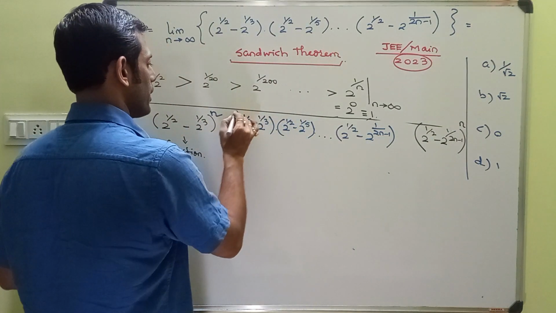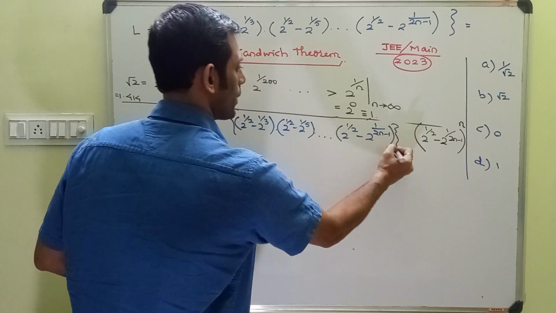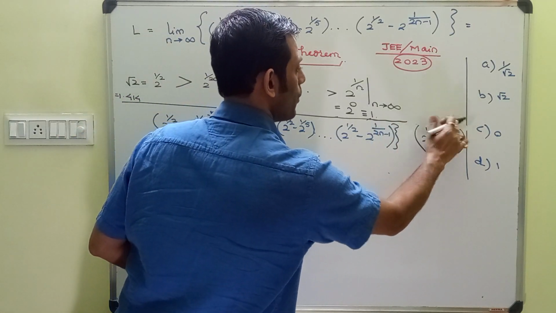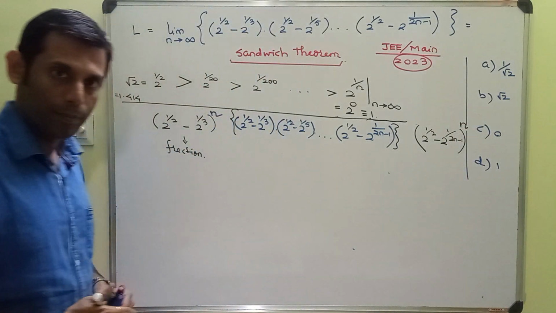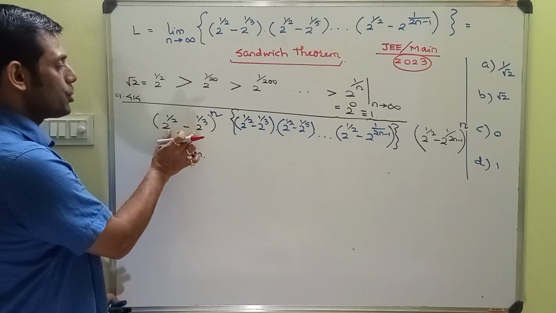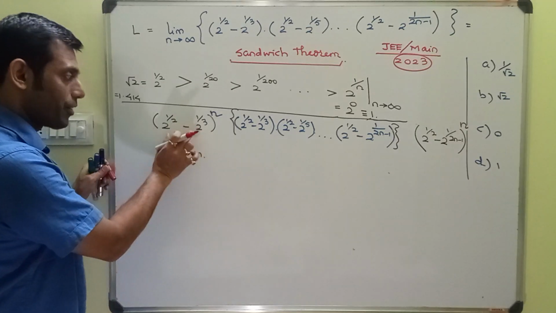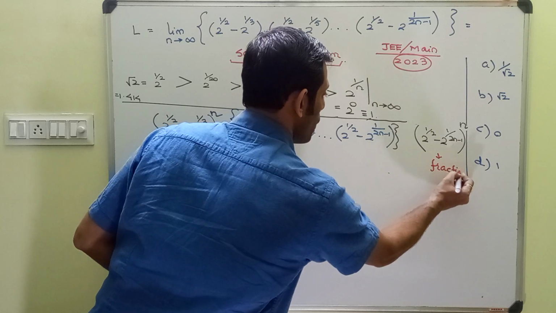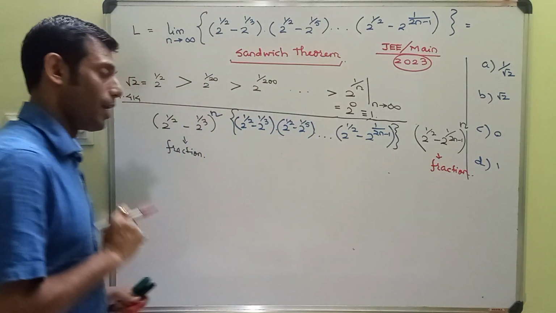Now if I compare this product with this, given a power of n, then you will see that this being a fraction and this also being a fraction, as I told you, which fraction is larger?